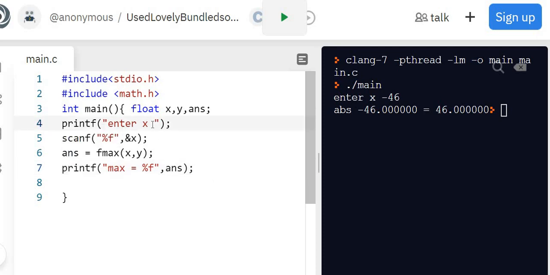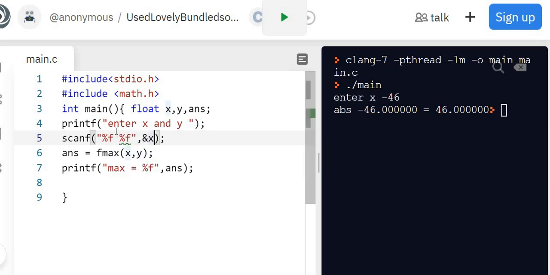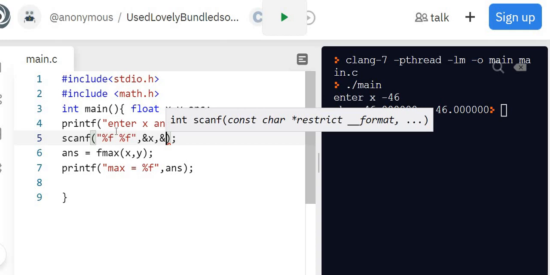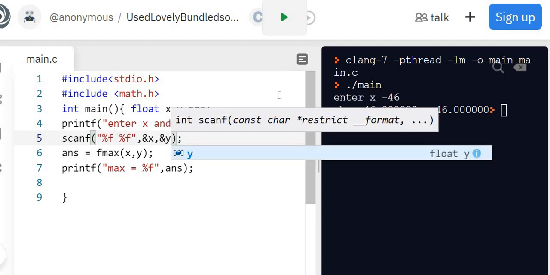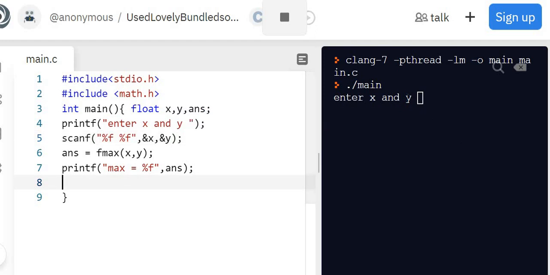So here we will get the values of x and y from the user. Get both the values x and y and use this. Enter x and y. Suppose I enter 10 and 20.